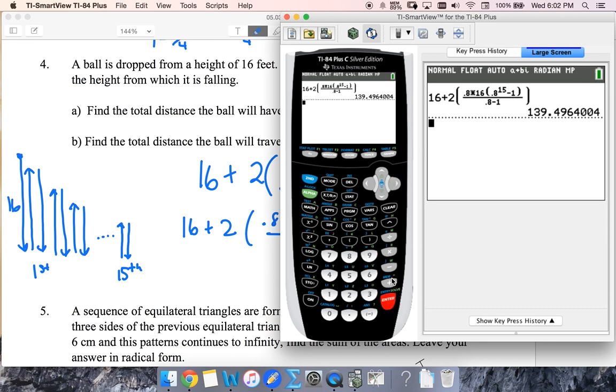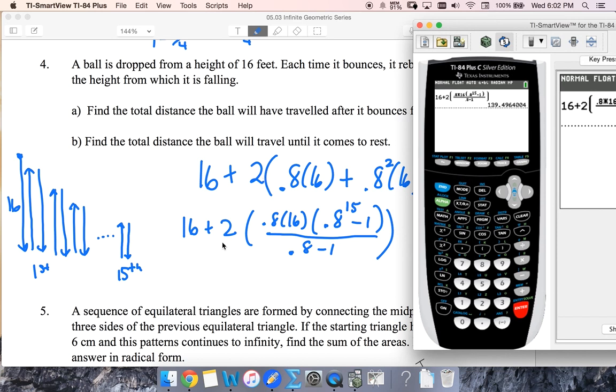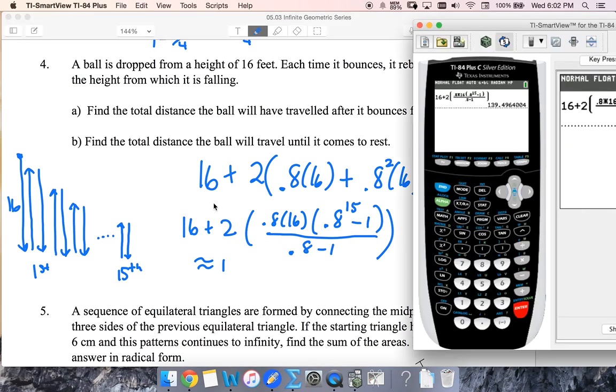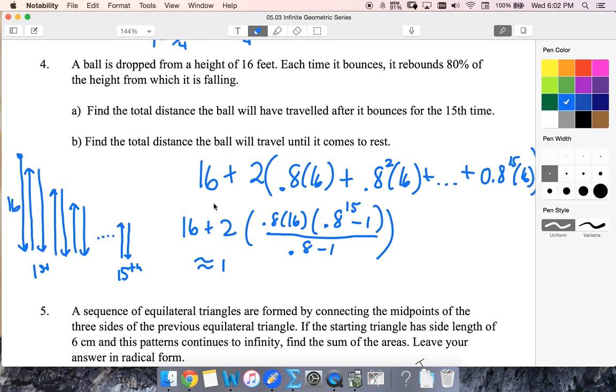So after 15 bounces, it's gone a total of 139.5, we'll say, feet.